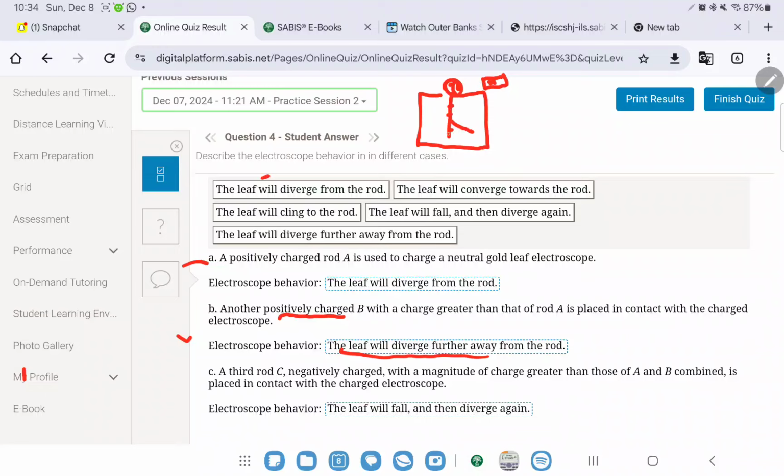So now we're gonna wait for the point where all the negative charges cancel out all the positive charges. It's gonna become neutral. When it becomes neutral, the leaf is gonna go like this, but then when you get a singular extra negative charge more than the positive, it's gonna repel again and go back like this. So the leaf will fall and then diverge again. Moving on.